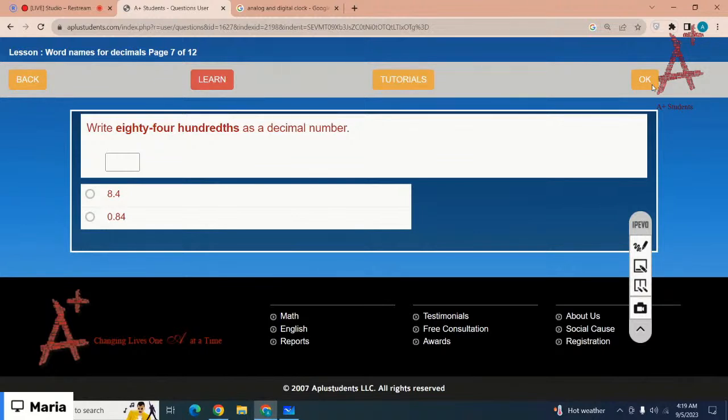Write 84 hundredths as a decimal number. Which is the correct option? It would be 0.84. The correct option is 0.84, right?